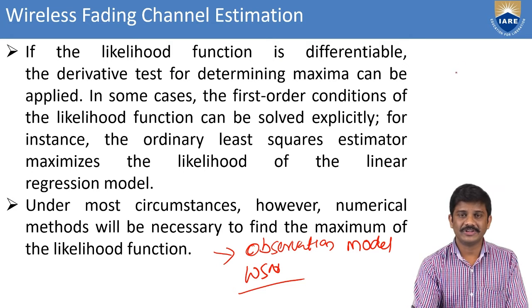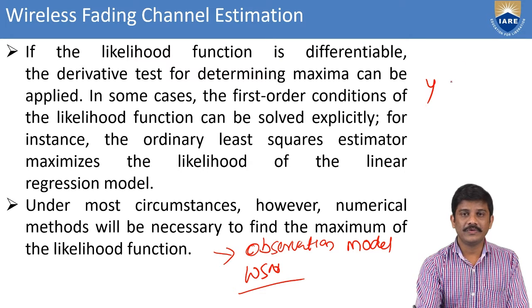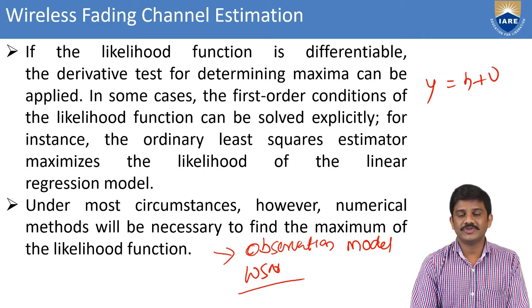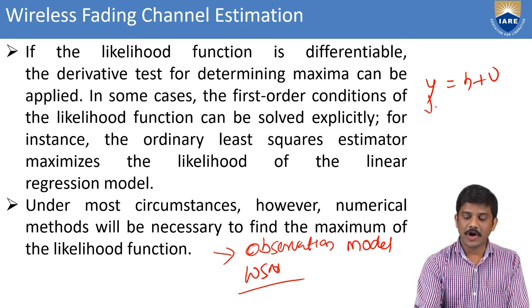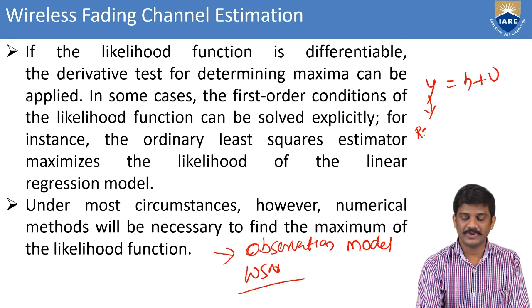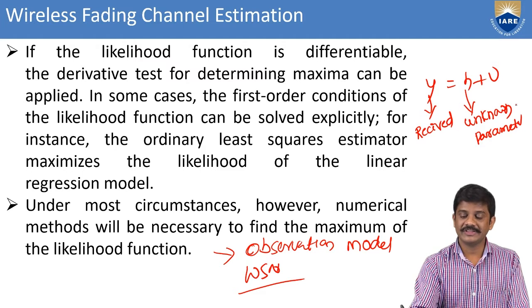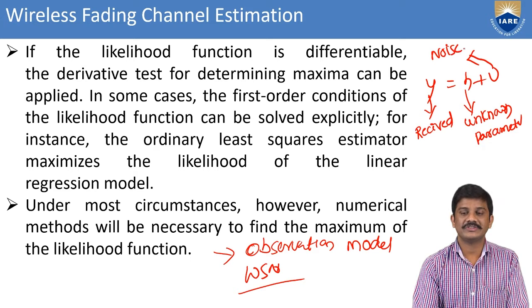The parameters are given by y equal to h plus v. This is the output or received bits, here in the receiver section. h is the unknown parameter in the observation model, and v is the noise.